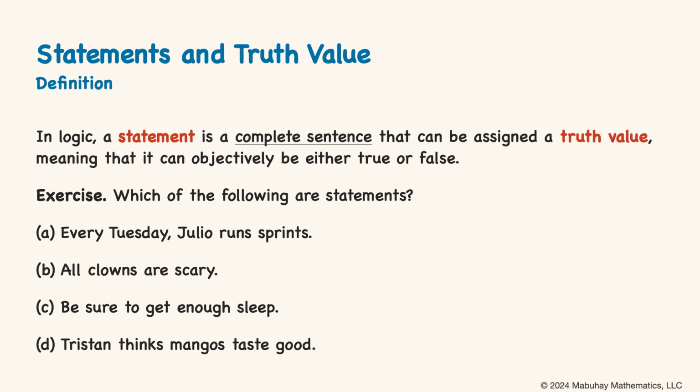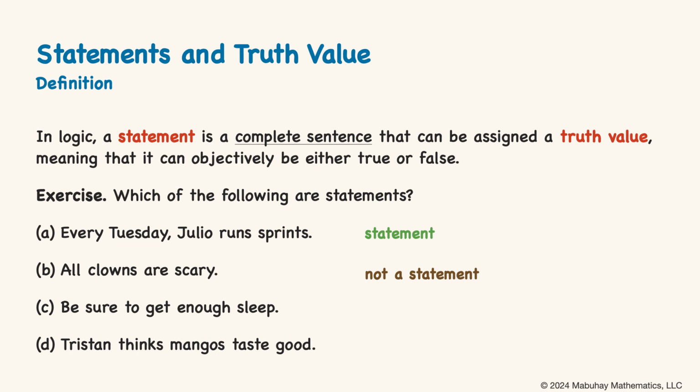So every Tuesday Julio runs sprints. This is a statement. This could be true or false, objectively speaking, right? Part B, all clowns are scary. We would not consider this a statement, not in the context of logic. Although you could argue that maybe it's true, maybe it's false.